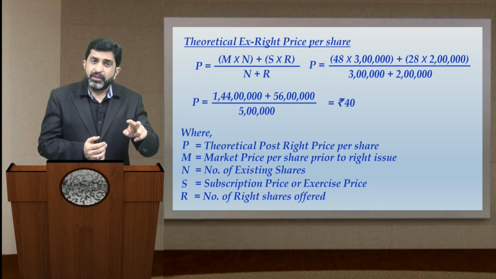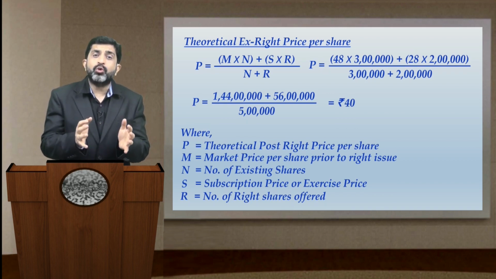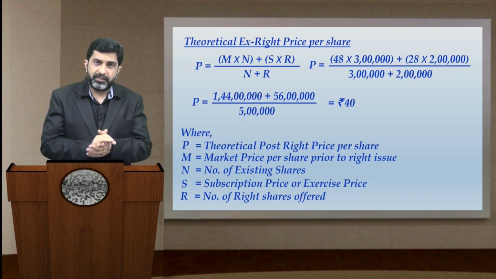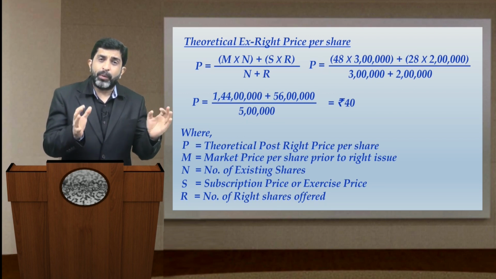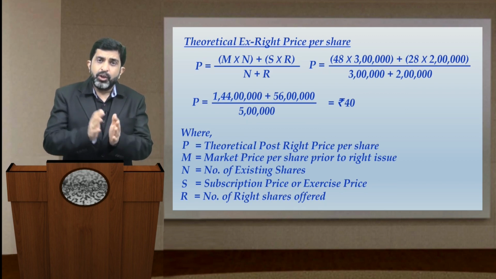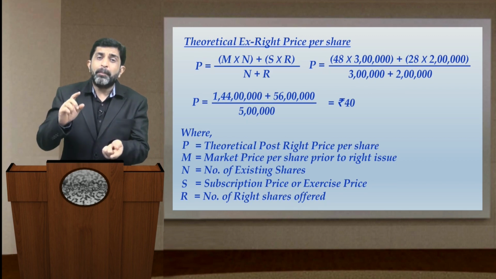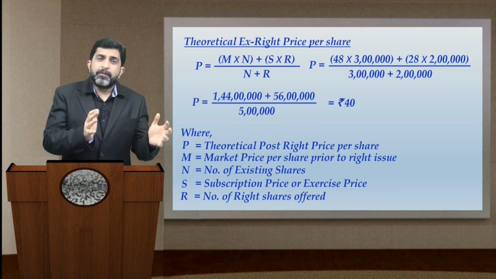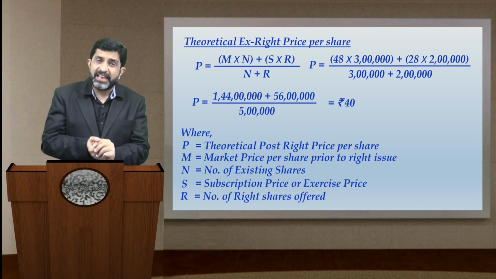So what happens? You will be having additional inflow of funds on account of equity issue, and that will be part of your shareholders funds. That will be 2 lakh shares multiplied by rupees 28. That gives you a value of 56 lakhs. So 1 crore 44 lakhs was the net worth prior to right issue, and after the right issue 56 lakhs of worth gets added to this existing equity.